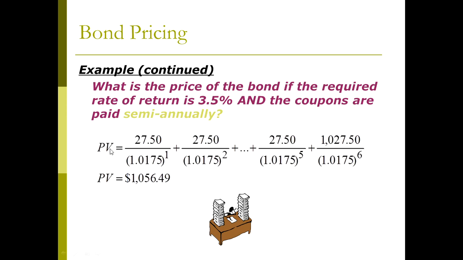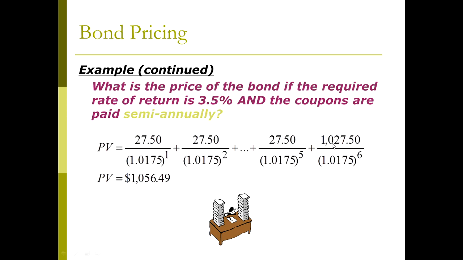Okay. So now the present value or the bond price will be expressed in the following terms. In the first 6 months, you receive 27.5 coupon payment, discounted at 1.75%. This pattern goes on until the last 6 months.